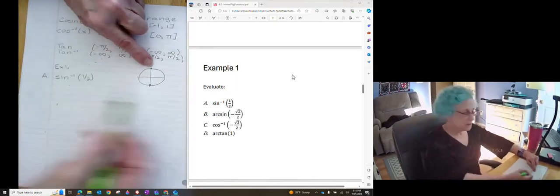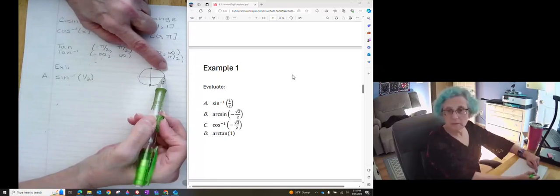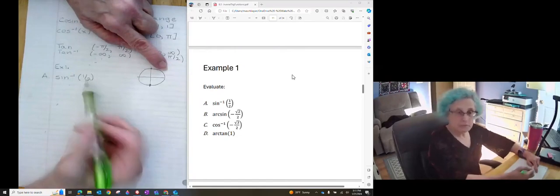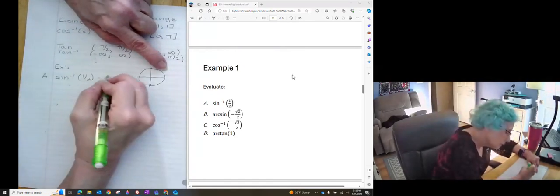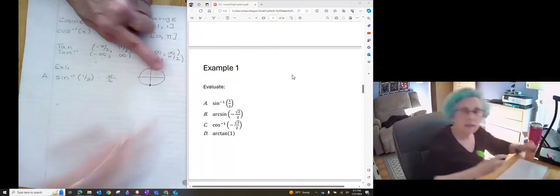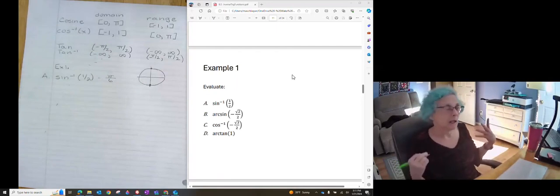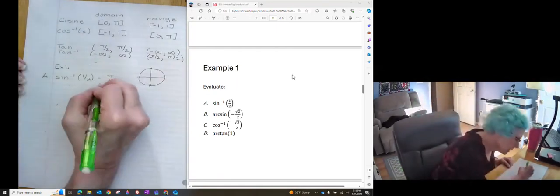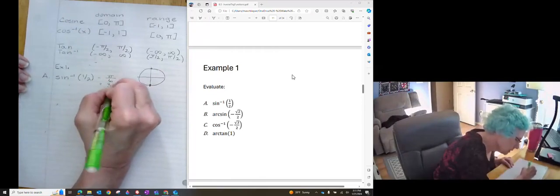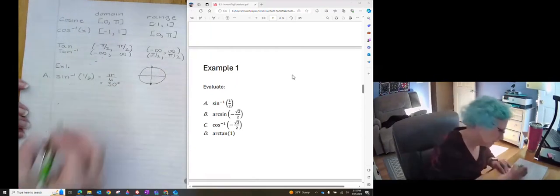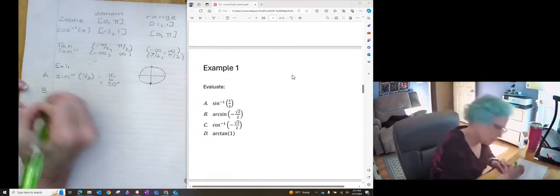This is a positive number, so I know it's going to be above the axis. And sine is 1/2, so I know that it has 6 in the denominator. So pi over 6, and I have to work hard to remember the degrees. That would be 30 degrees. I'm really good with the radians. I have to work at the degrees.